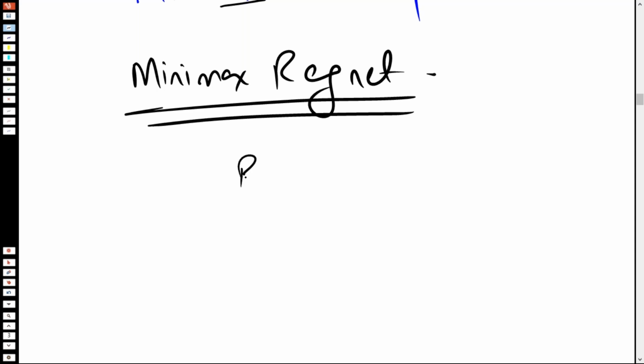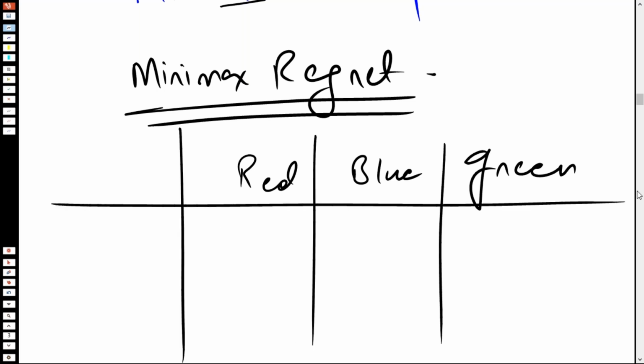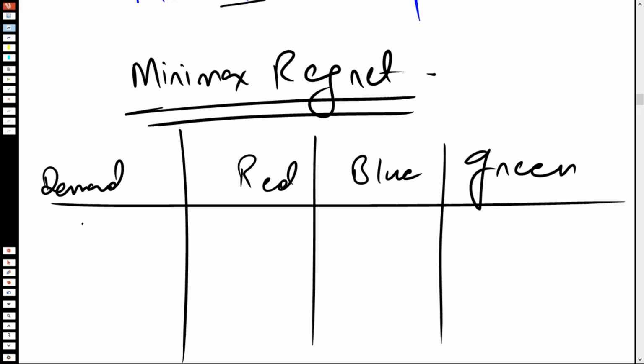I'm using the same example which was red, blue, and green, with hypothetical numbers to help you understand. For example, the demand for the product is, let's say, 100,000, 200,000, 300,000.